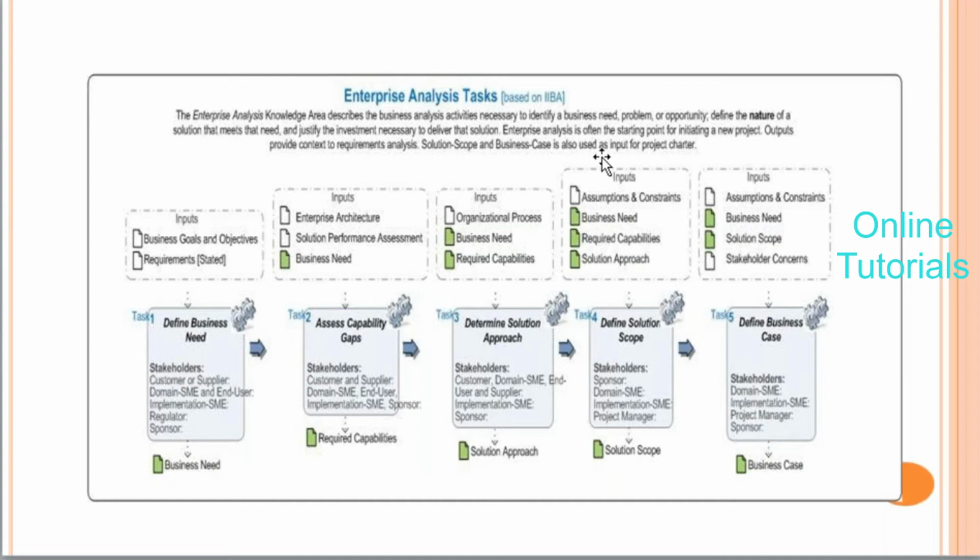So it describes the business analysis activities necessary to identify a business need. Right. So when we want to do some business and enterprise analysis, first of all, we have to define the business need.